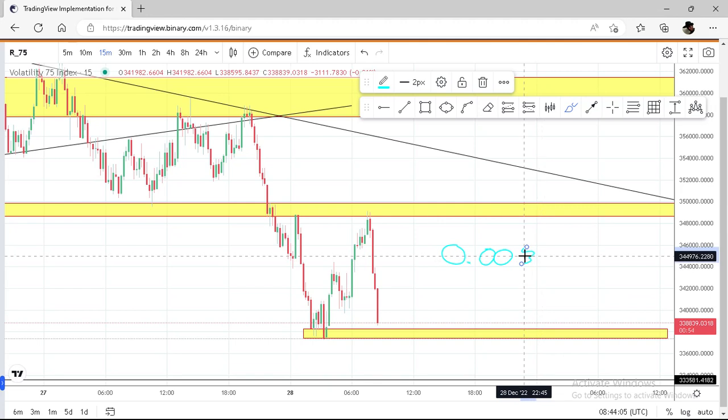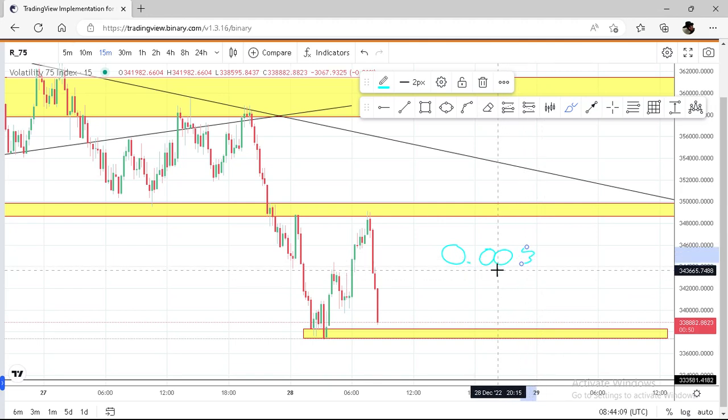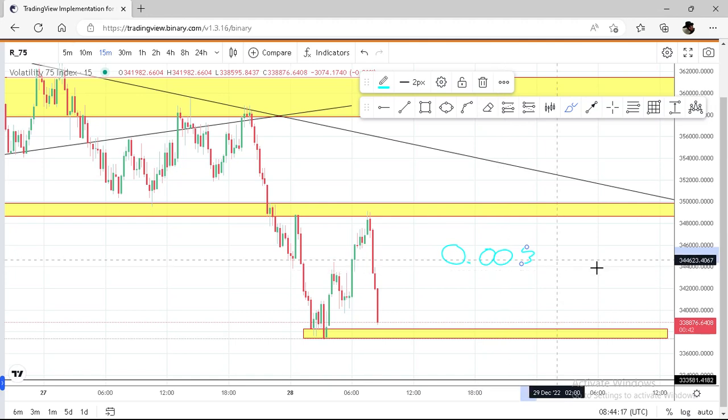Make sure you don't add another one here when you're trading smaller amounts, because there are a lot of chances of you being taken out unless you have your stop loss tight.